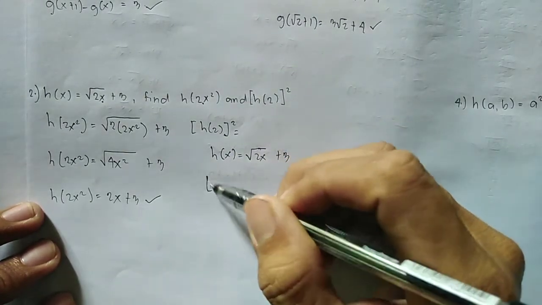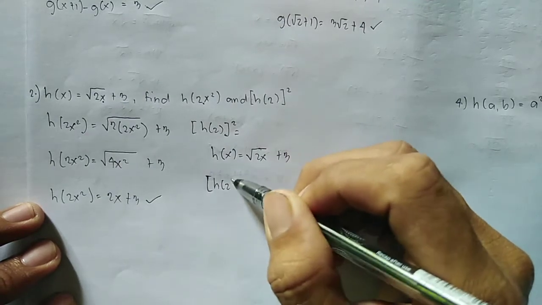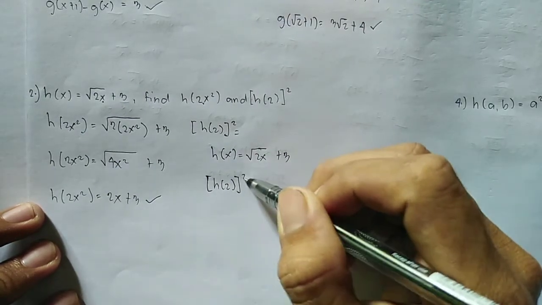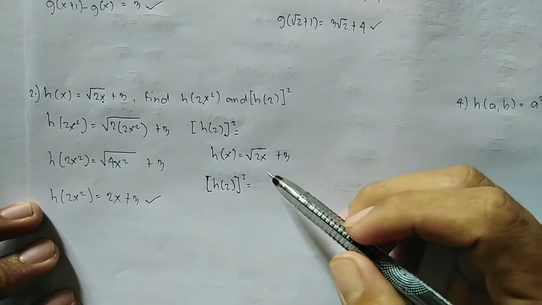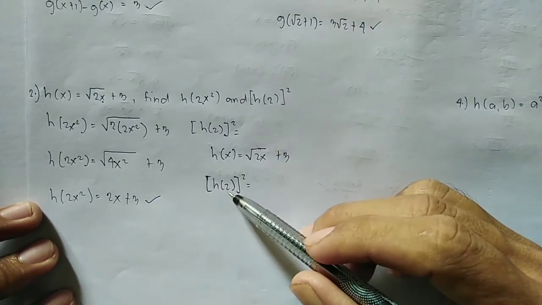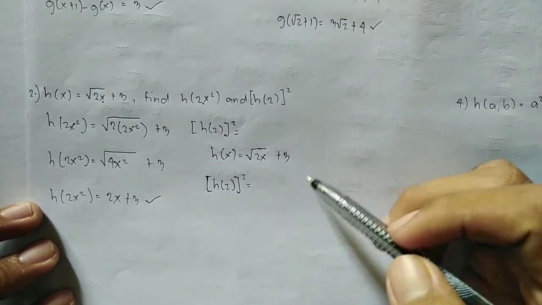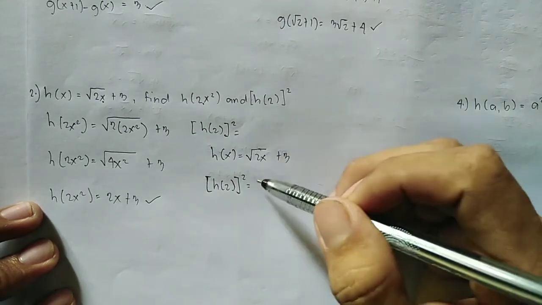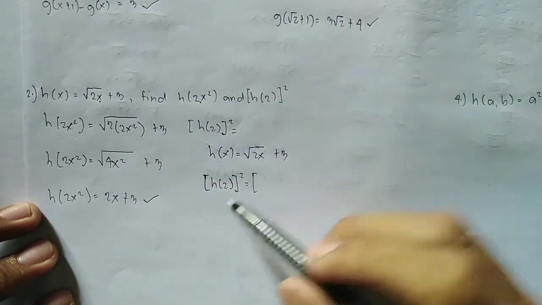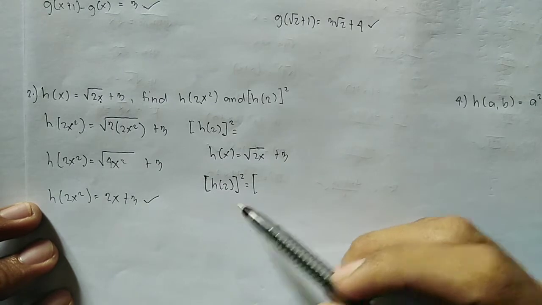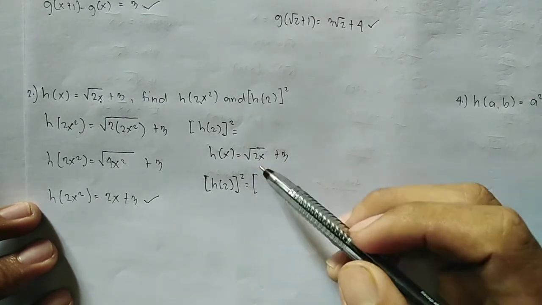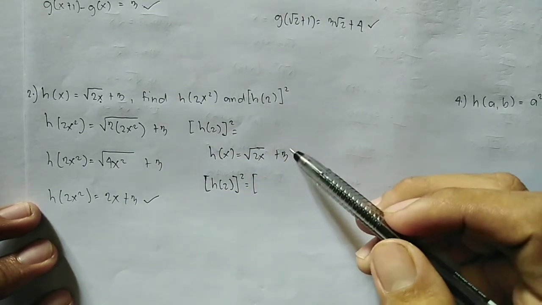So we have to follow this format in evaluating the given function. So h of 2, squared, is equal to, we have to replace x with 2 and we have to square the entire value of the function. So we have to use brackets, since that is what is required in the indicated value. So the function is the square root of 2x plus 3 originally.